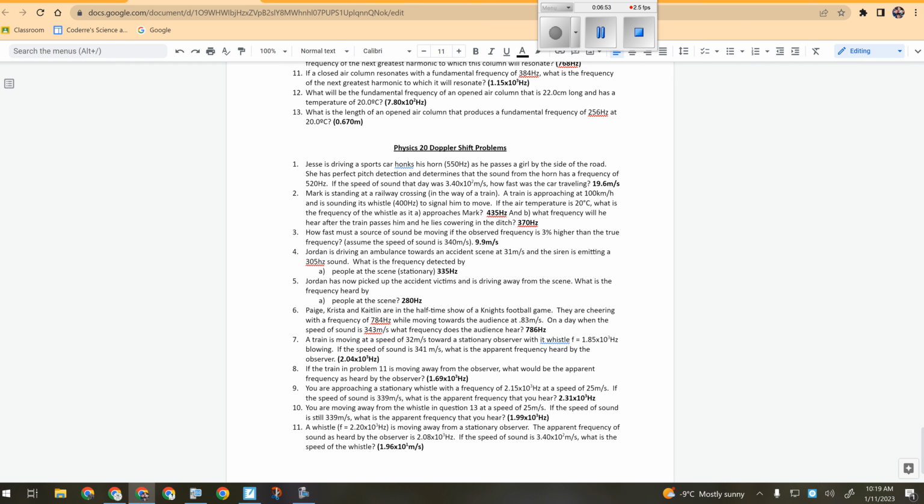I would like you to try those ones there, 1 to 11, just Doppler effect problems. I believe there's none in there with a moving observer, so I think you're good to go on those.